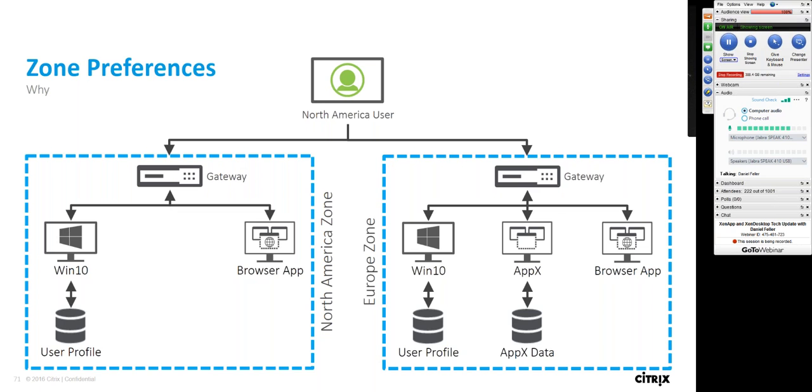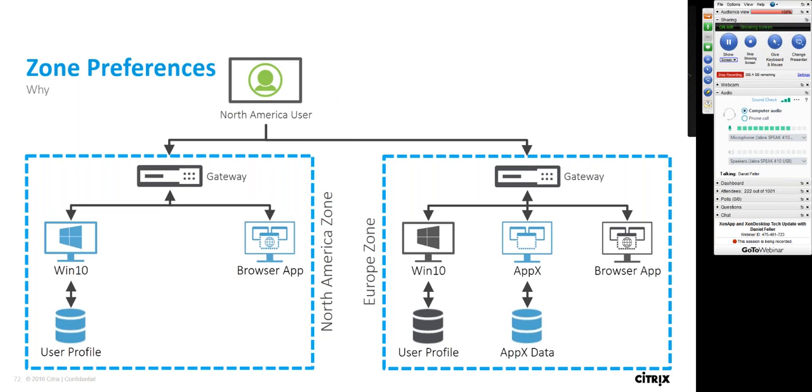You have multiple zones and multiple resources: Windows 10 desktops with user profile data, published browser applications, and applications with application data. If a North American user is located in North America, they should get a Windows 10 desktop and the browser app from the North American zone, and then they should get another application from the European zone because the data for app X is in the European zone.